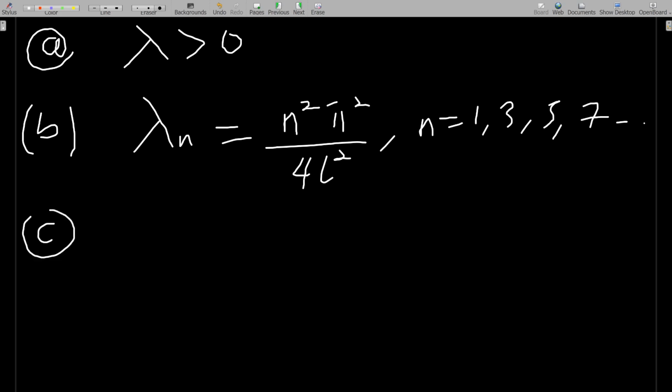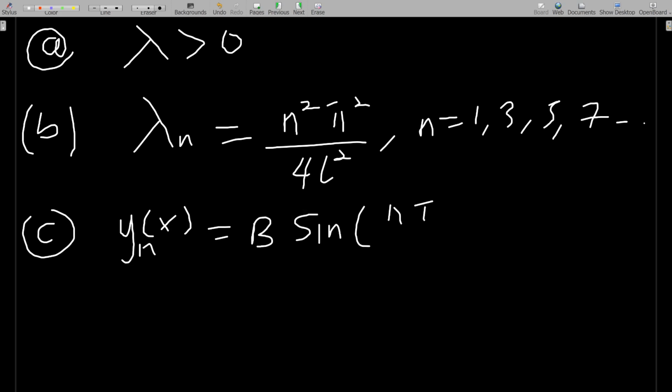Then part C is we are supposed to find the eigenfunctions. The solution gave us y n of x equal to b sine of n pi over 2l times x, with n being a positive odd integer.